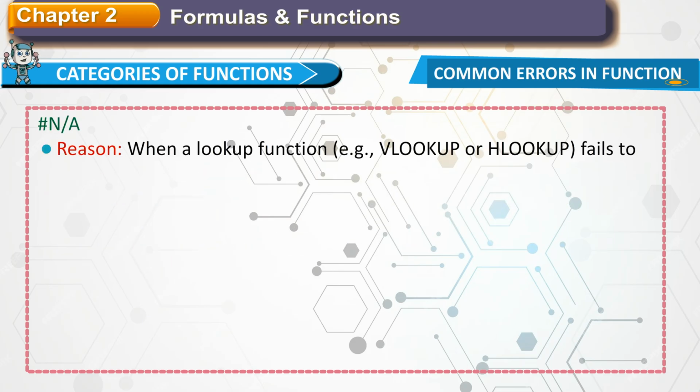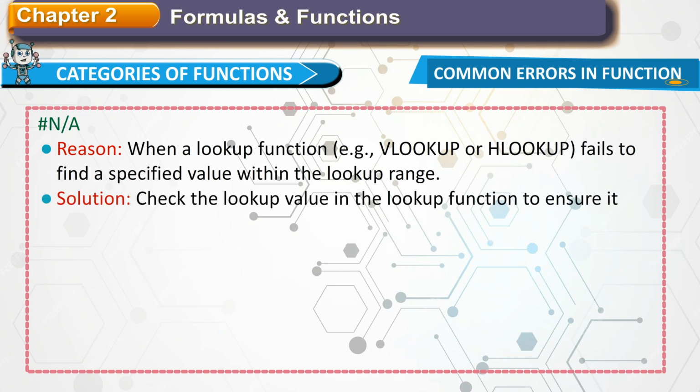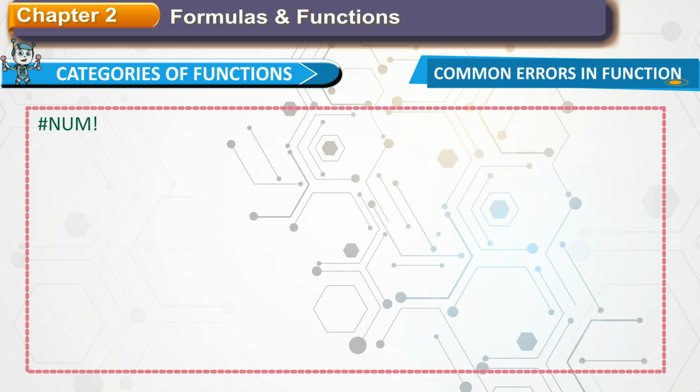#N/A. Reason: when a lookup function, for example VLOOKUP or HLOOKUP, fails to find a specified value within the lookup range. Solution: check the lookup value in the lookup function to ensure it exists in the lookup range. #NUM!